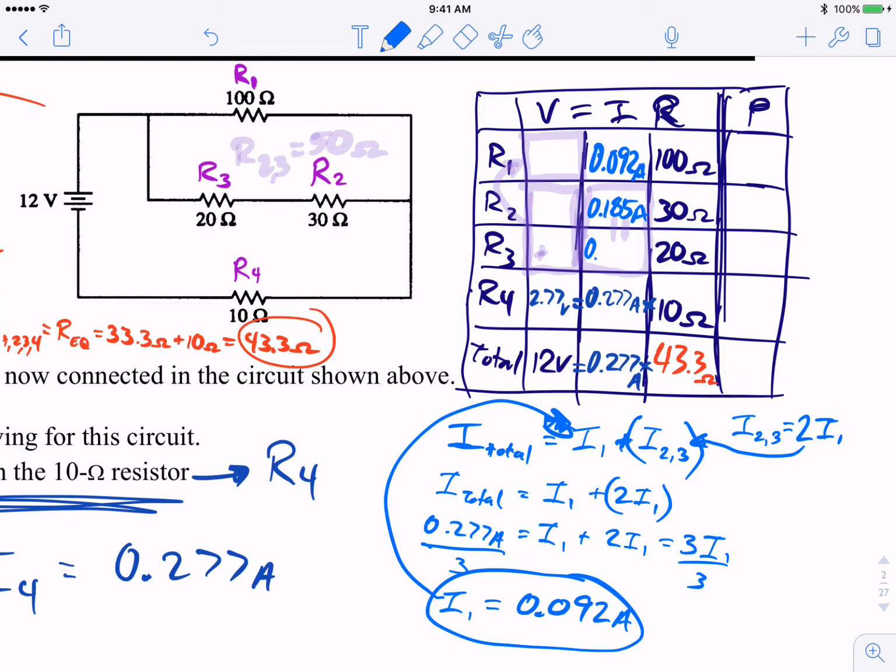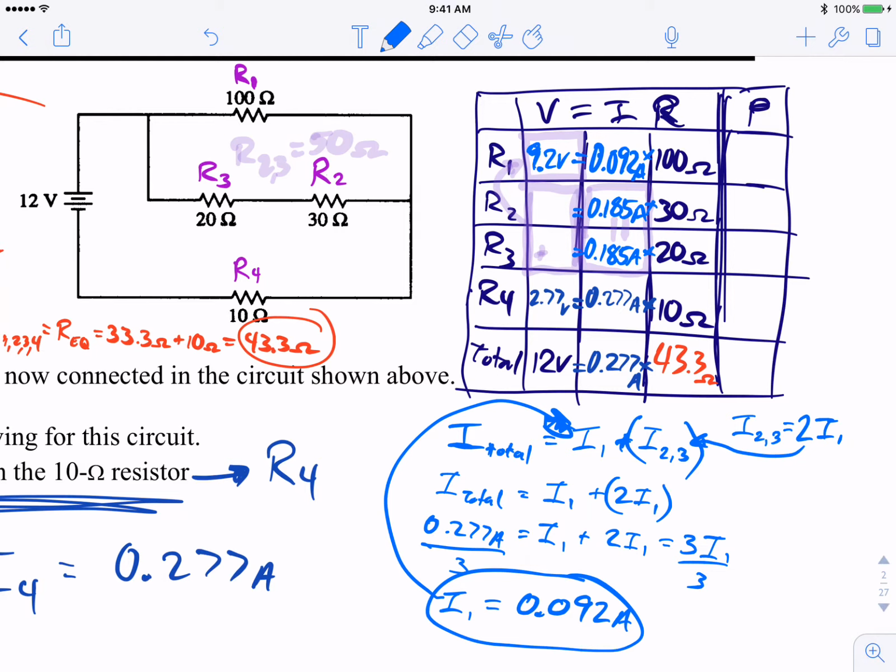And so they're going to have the same current flowing through both of them. So we can fill in both of those rows. And then we can use VIR now that we've unlocked 2 variables on each row. To find the voltage drop across R1, we can do 0.092 times 100, which is just going to move the decimal over twice, and we get 9.2 volts, 9.2 potential difference, voltage drop.